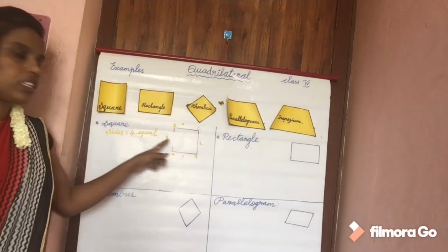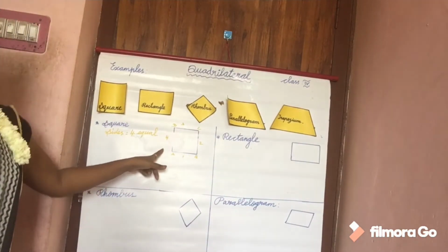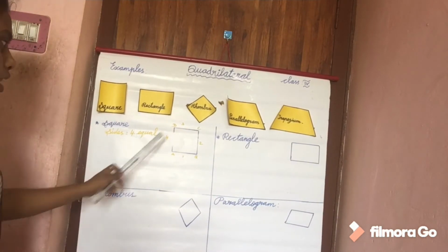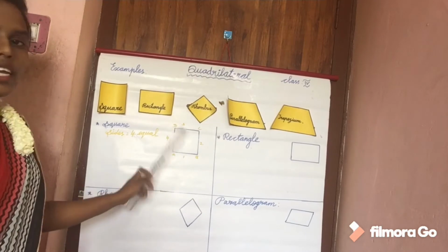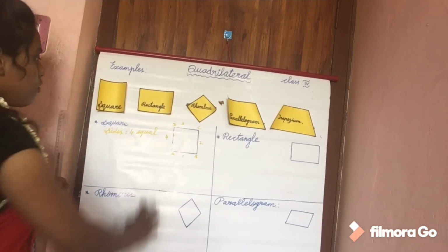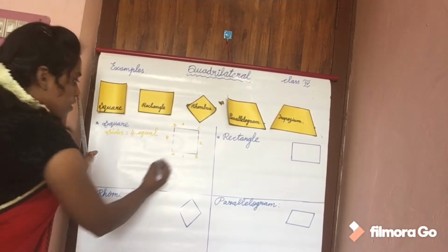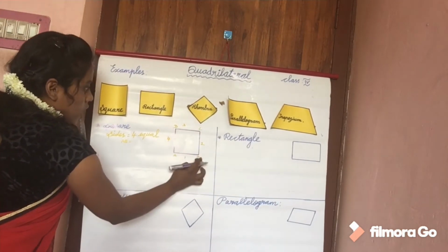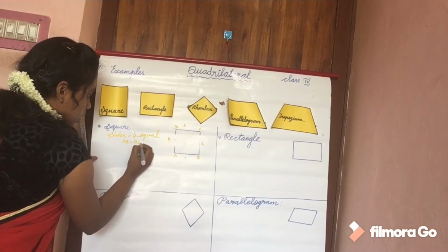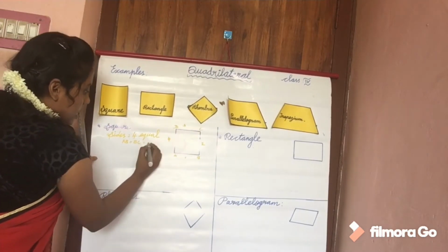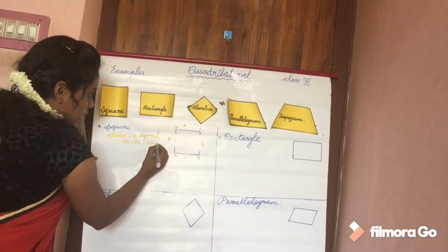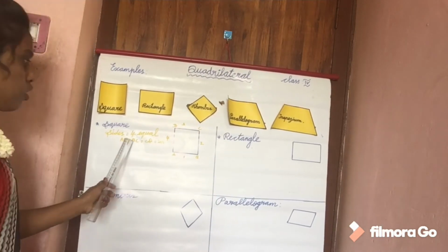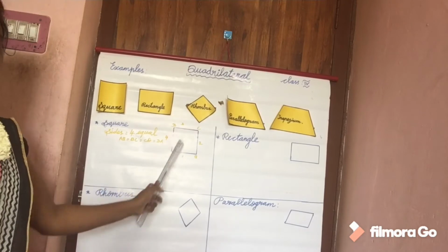So totally how many sides are there in a square? Four sides are there, and the four sides are equal in length. We'll see: AB equal, BC equal, CD equal, DA equal. So all four sides are equal in a square.